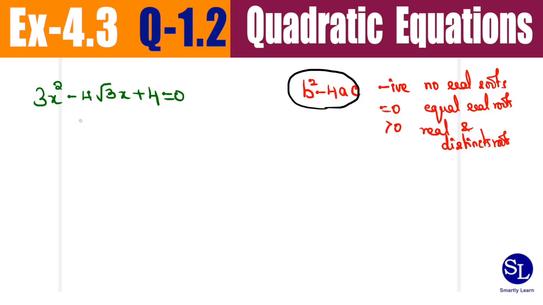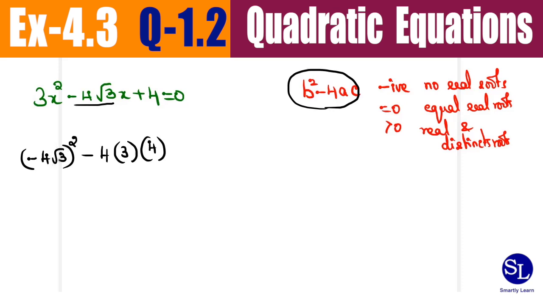Now let's start doing that. The value of b is going to be minus 4 root 3 the whole squared minus 4 into value of a is 3, value of c is 4. Now let's calculate b square. Minus on squaring is going to be positive, so we can ignore that. 4 square is 16.